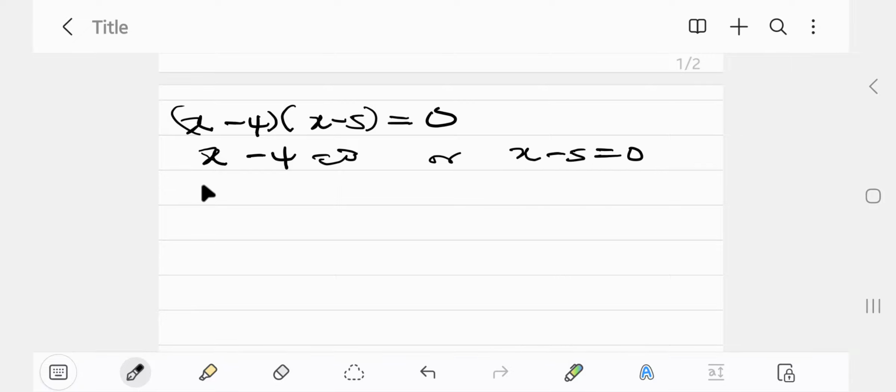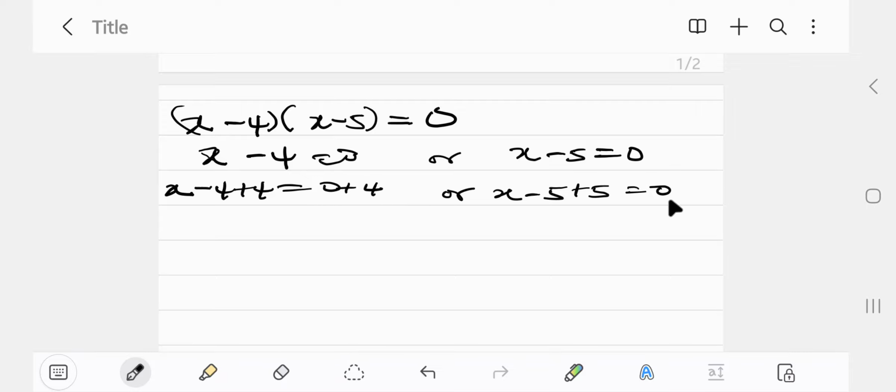So we add 4 to both sides of the equation and also add 5 to both sides of the equation. So we have x minus 4 plus 4 equal to 0 plus 4, or x minus 5 plus 5 equal to 0 plus 5.